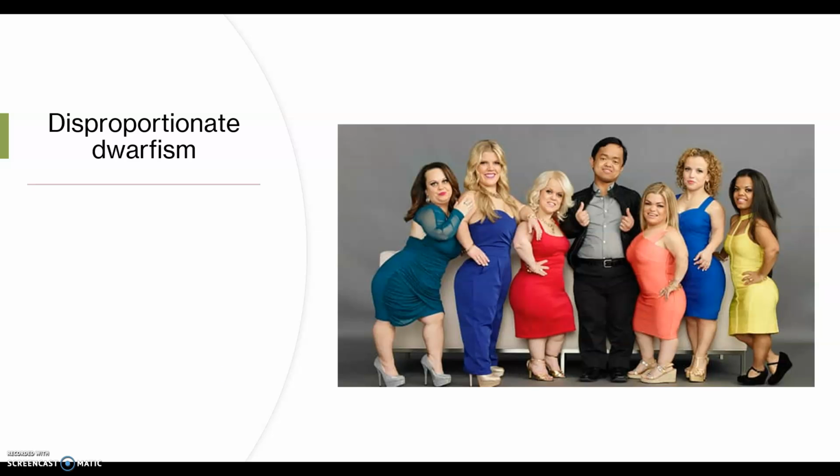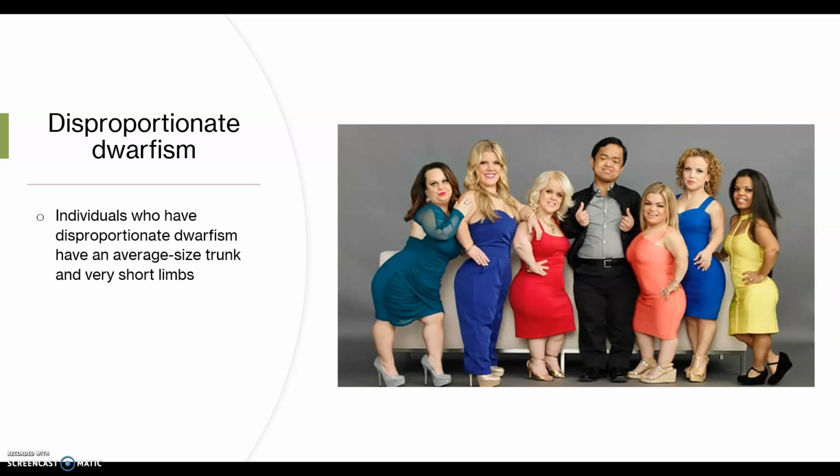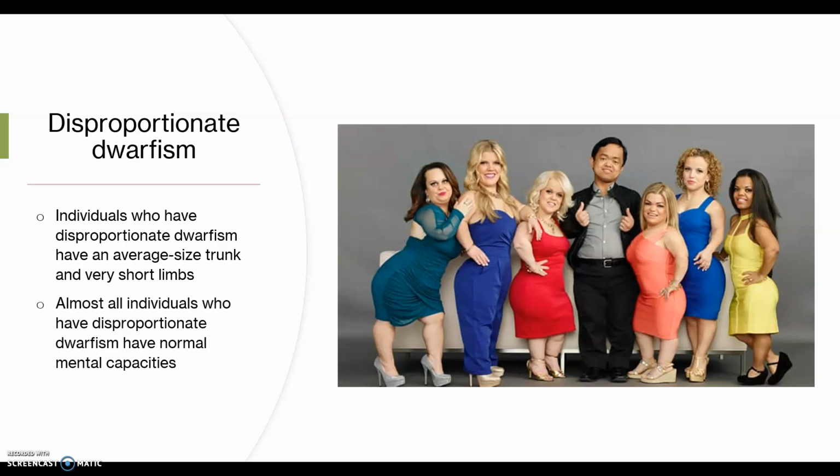An individual who has disproportionate dwarfism has an average sized trunk and very short limbs. Almost all individuals who have disproportionate dwarfism have normal mental capacities.